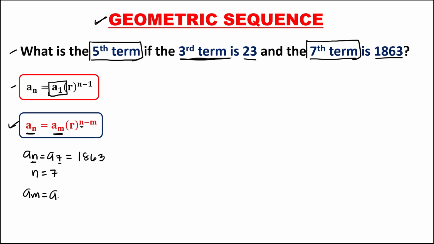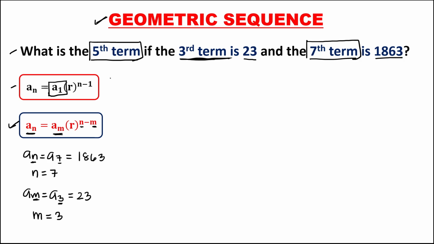So this is a sub 3, and a sub 3 is equal to 23. Then to solve for m, since m is equal to a sub 3, therefore m is equal to 3.